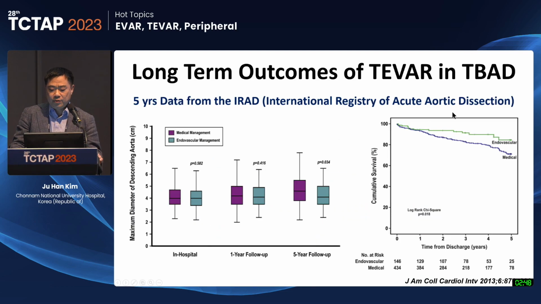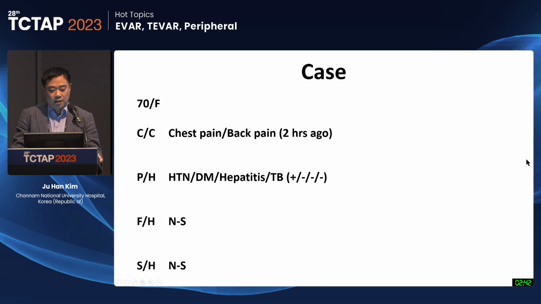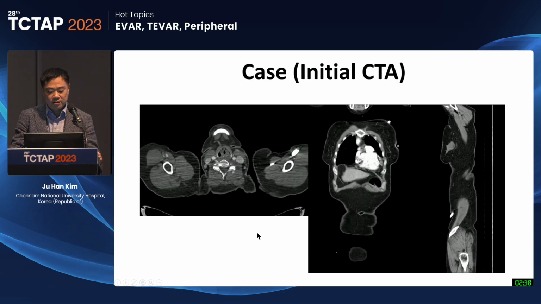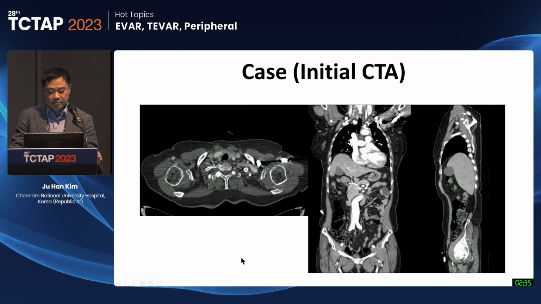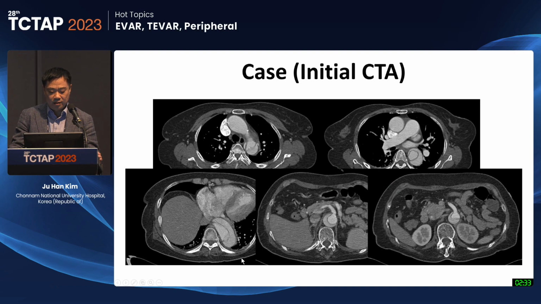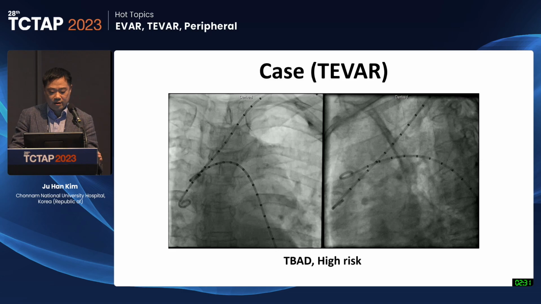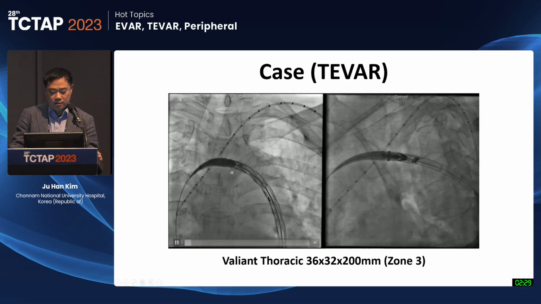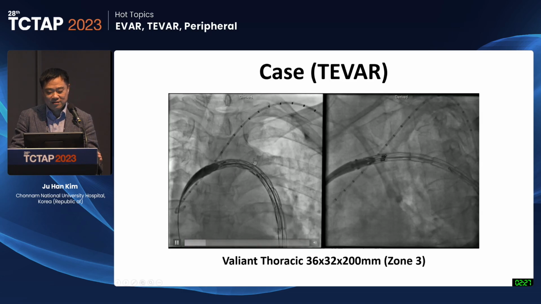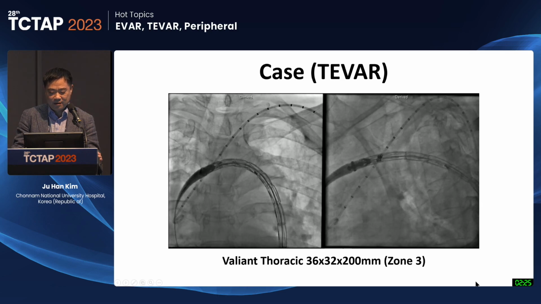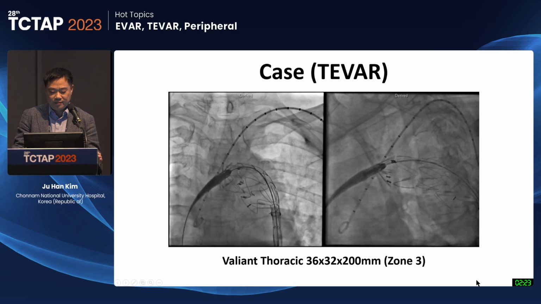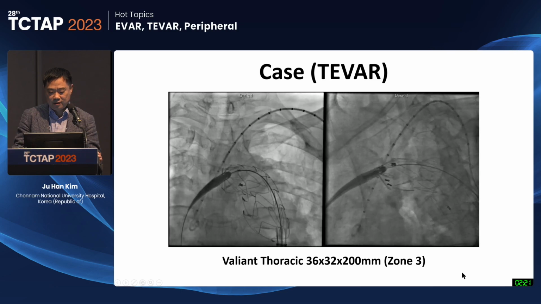So for acute aortic dissection, the long-term outcome is good overall. So my case is initially an aortic dissection, and after 2 weeks, the TEVAR procedure in this zone.